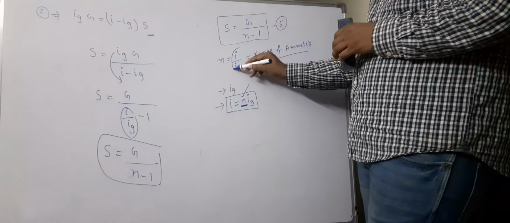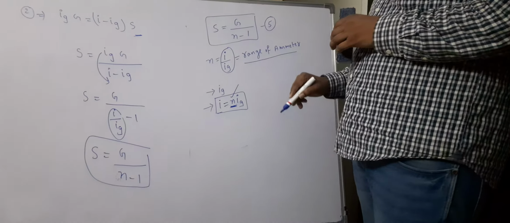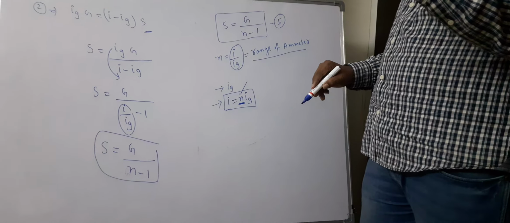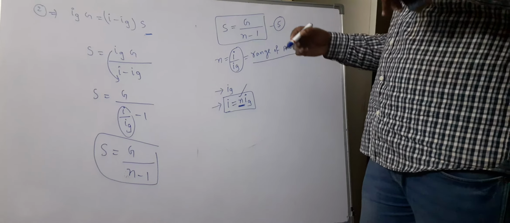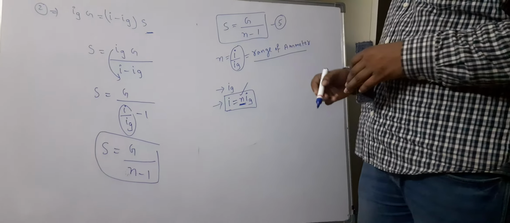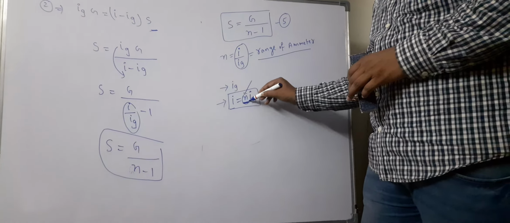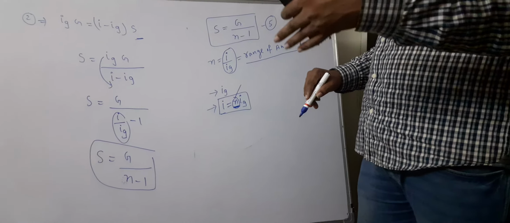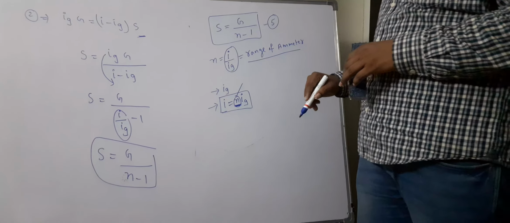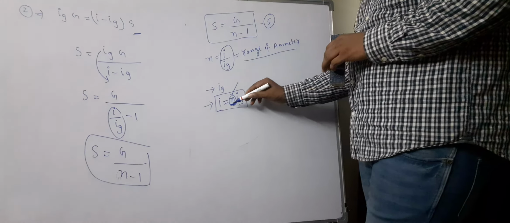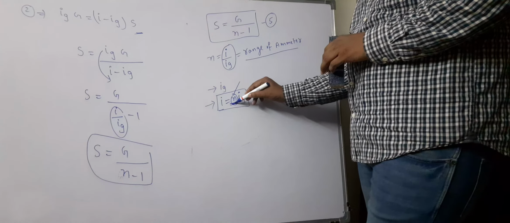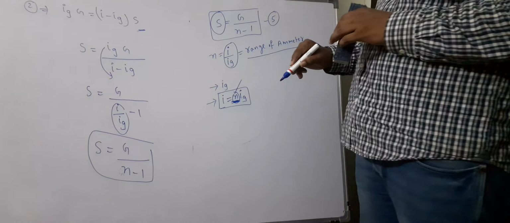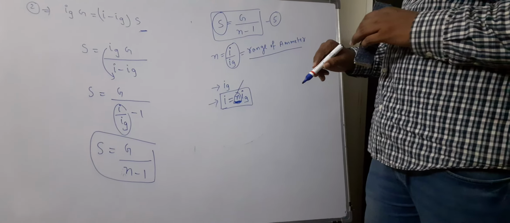What is the formula for range of ammeter? I by Iz. The galvanometer only measures Iz. Because of the shunt connected, the current increases how many times? N times. That means more currents can also be measured using the ammeter. Here the current increases N times. What is the formula for shunt? G by N minus 1.